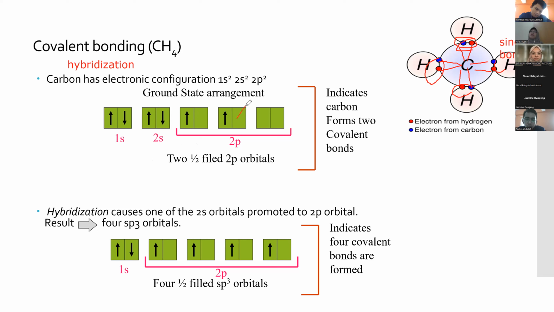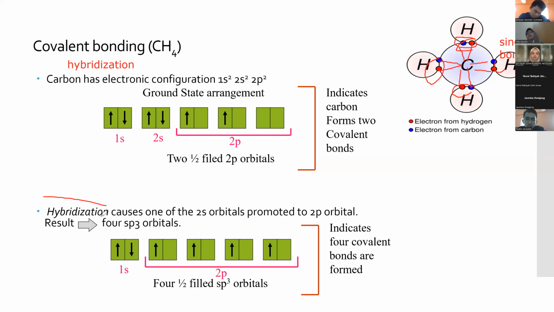So what will happen? What has to be done with the carbon to get four empty orbitals, so that hydrogen can fill the orbitals of carbon?